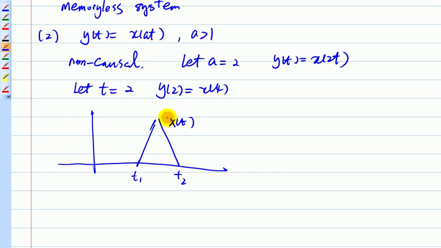It compresses the signal, so here will be t1 over a, and here t2 over a. This is your y of t, where y of t equals x of at. Essentially now you see your input is in front of the output. So your output always depends on the future input, and that's why this is a non-causal system.